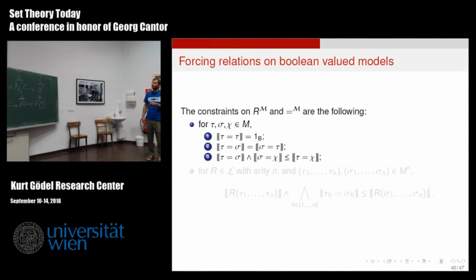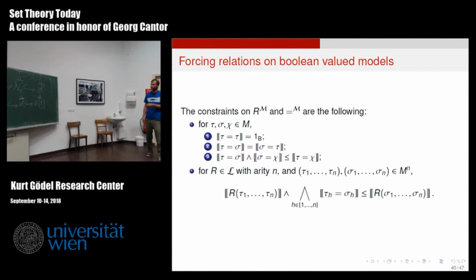And you want the rules of equality for first order logic to hold, so you are forced to require that any element is equal to itself with Boolean value 1, that the relation of equality is symmetric and transitive, and that if you substitute equal elements into a relation, the relation holds for the other.